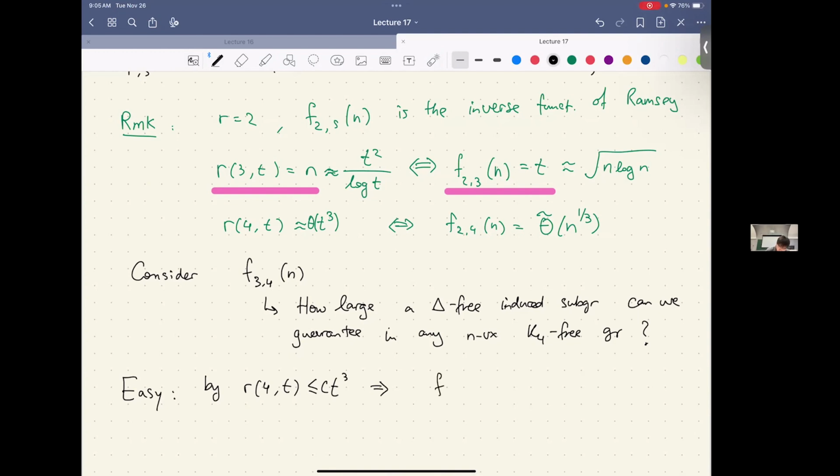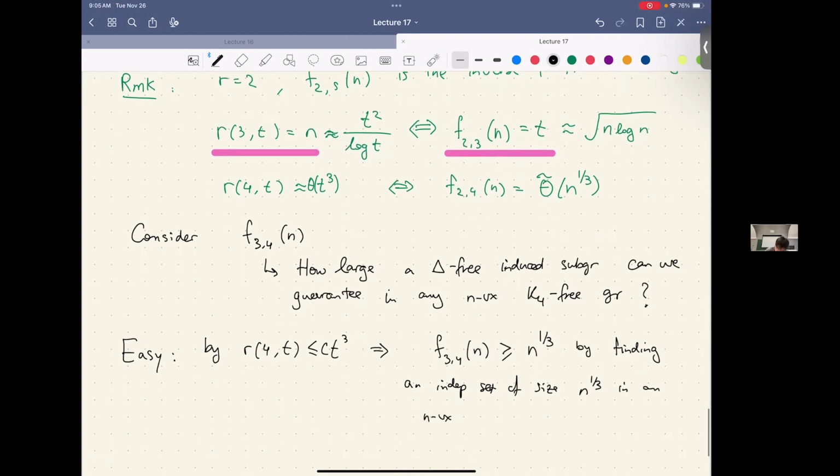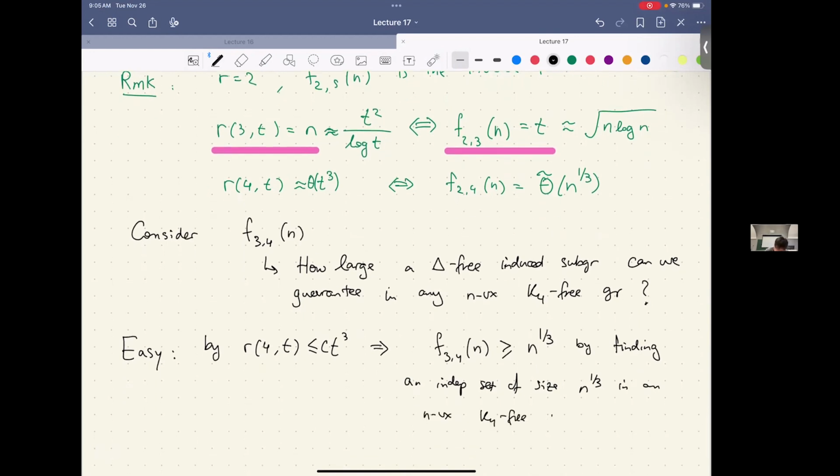You get F34 of n is at least n to the 1/3 by just finding an independent set of size n to the 1/3 in an n vertex K4 free graph, right?